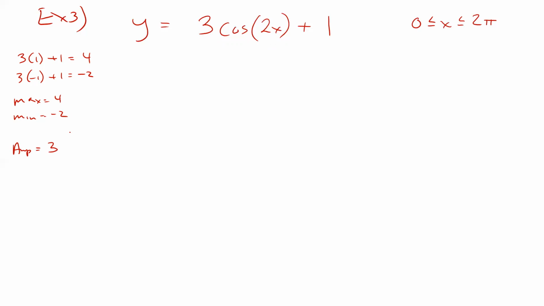It's just the absolute value of that guy right over there. My period is going to be 2 pi divided by this little 2 right here. Now my period is just pi. And any reflection? No. And that's a no.